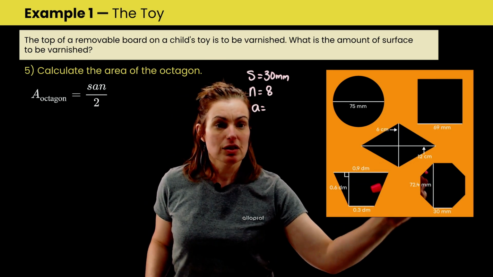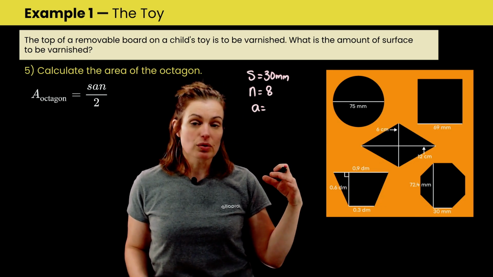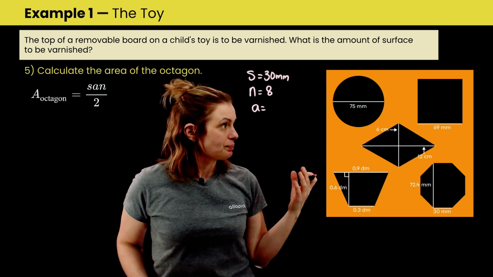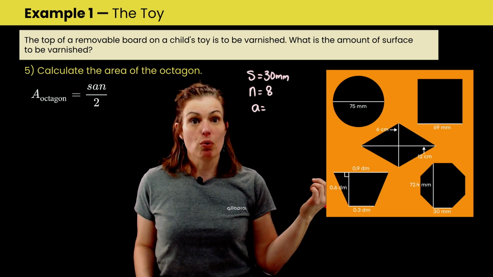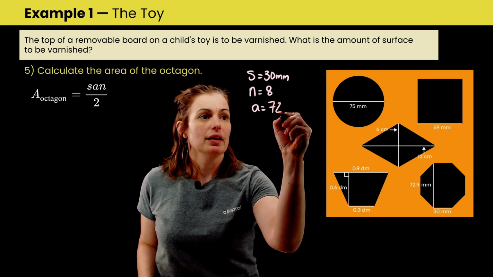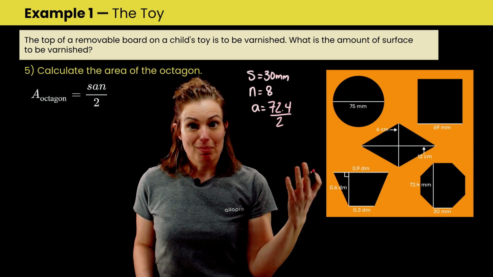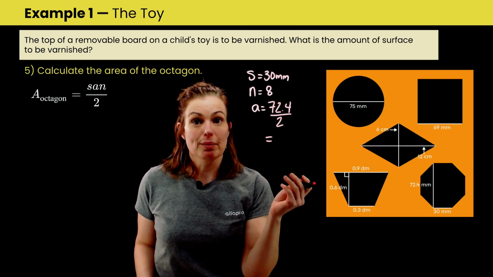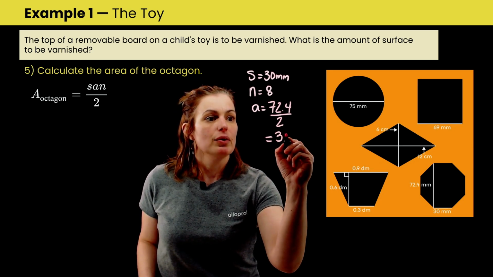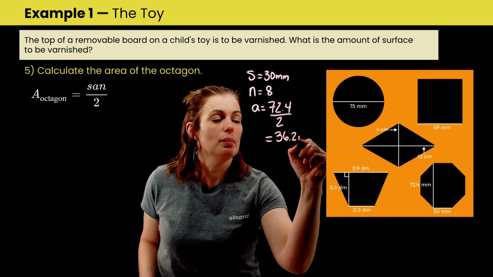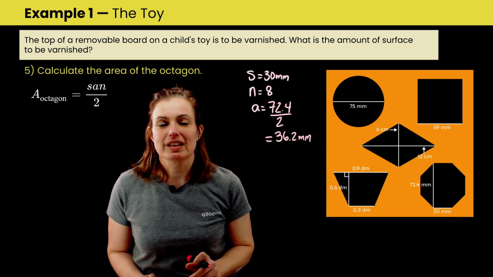So I've got this distance between two sides of my polygon, and that is 72.4 millimeters. And if I divide that measure by 2, I get my apothem, which is going to be 36.2 millimeters, just like that.